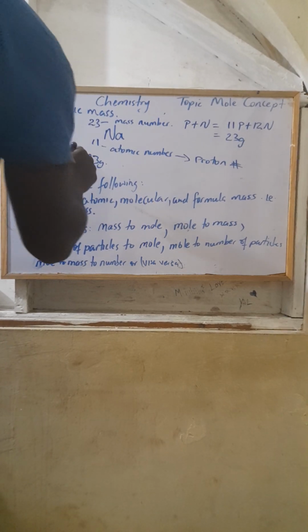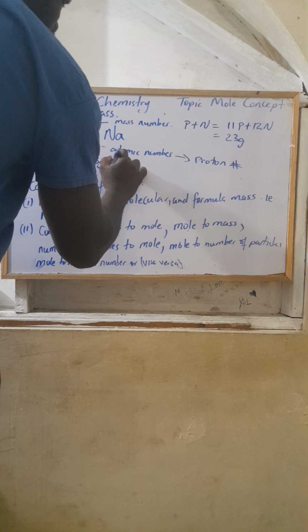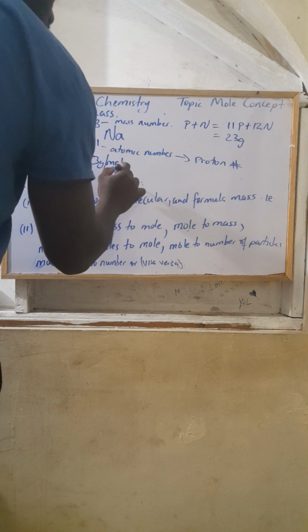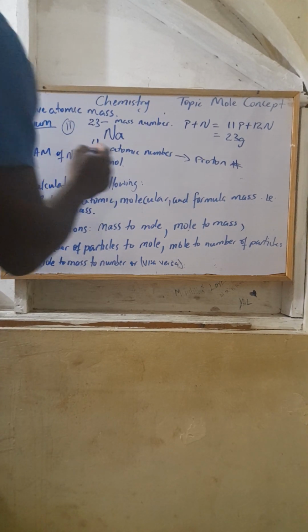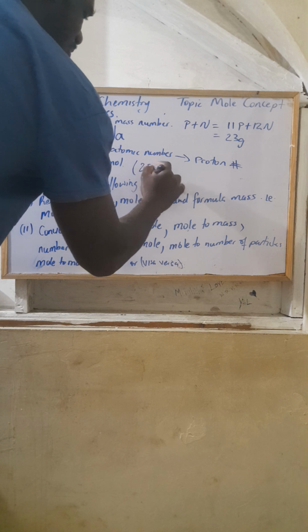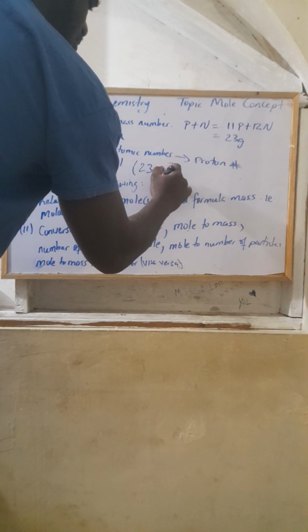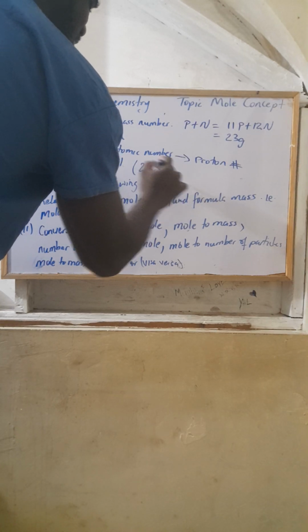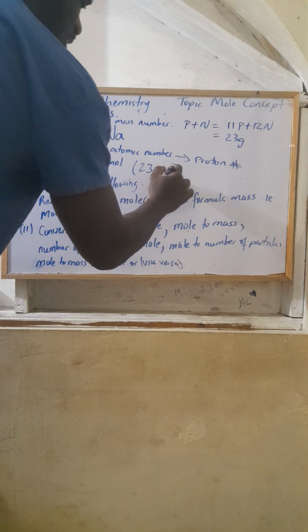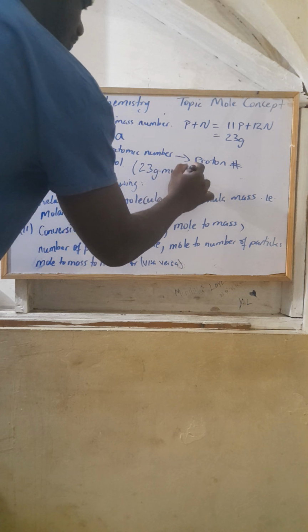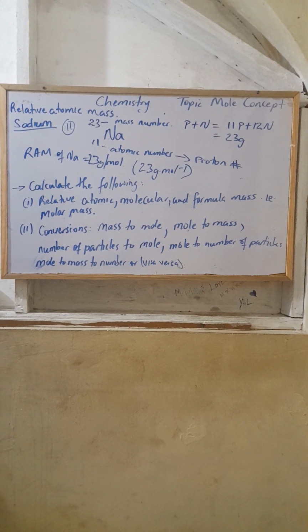So we see then it is 23 grams per mole. 23 grams per mole can also be written as 23 g mol^-1. And instead of writing the slash, you could write mole -1. So that's another way to write 23 grams per mole. Both of them are saying the same thing. Okay?